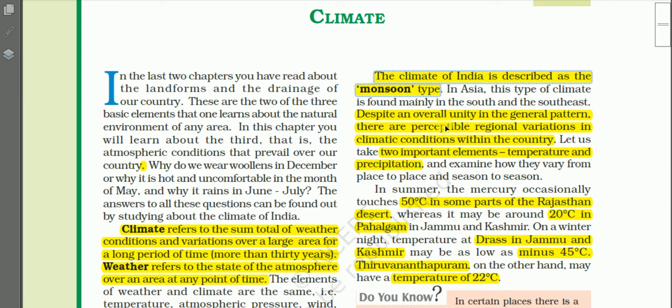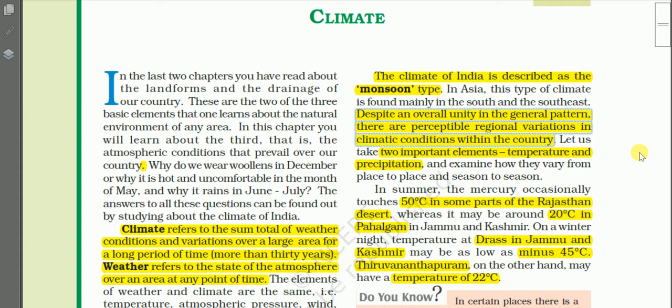Despite an overall unity in general pattern, there is a perceptible regional variation in the climatic conditions within the country. So we have known that the type of climate found in India is monsoon everywhere, maybe a coastal area, a mountainous region, a plateau region, or desert regions. So this is the generalized pattern.